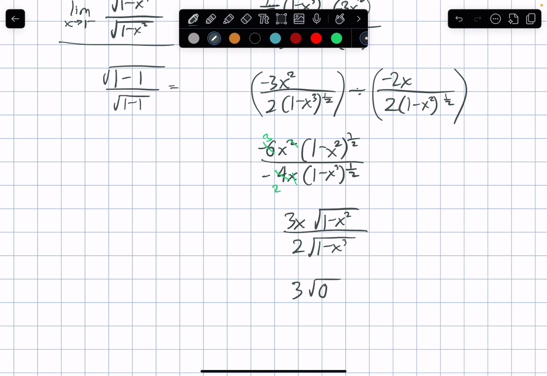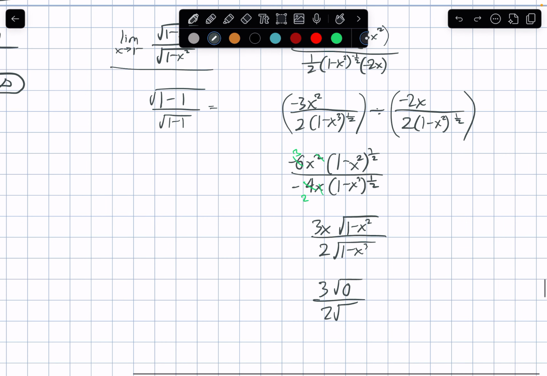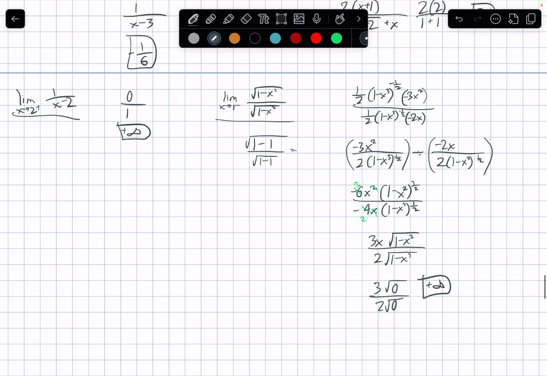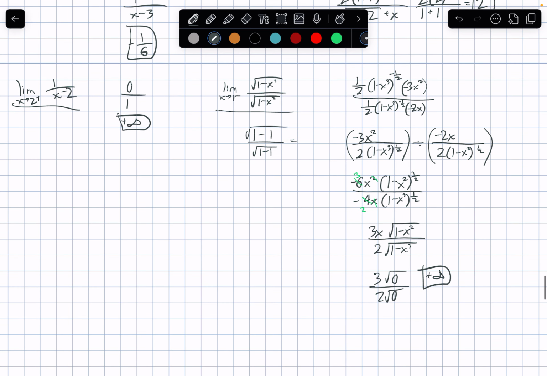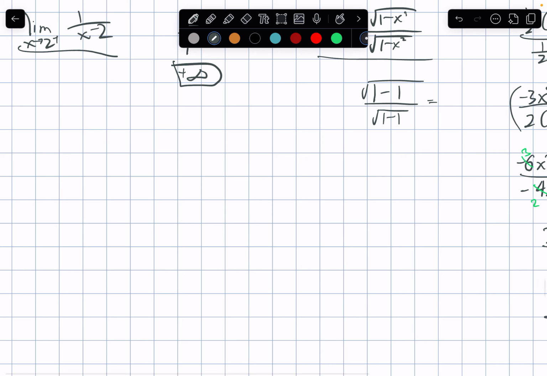Here, it's gonna be 0. For some reason, the answer is positive infinity. When it comes to one-sided limits, I can't really explain much. This has also been my struggle in the exams.